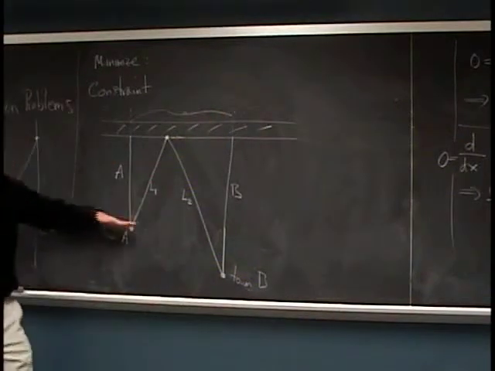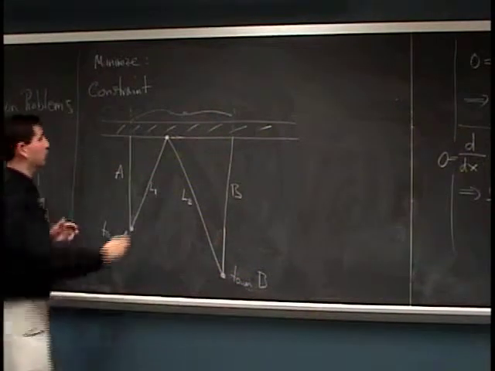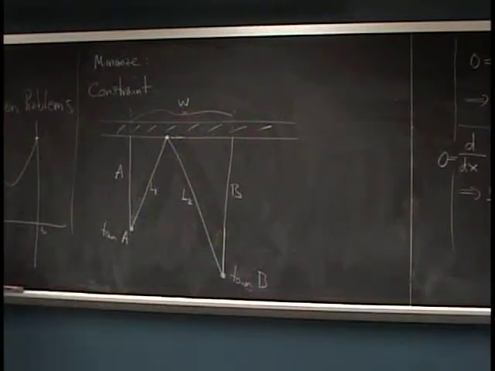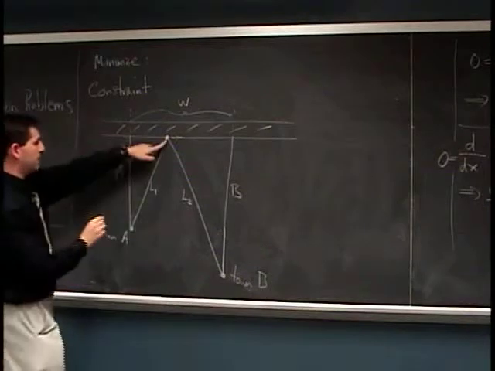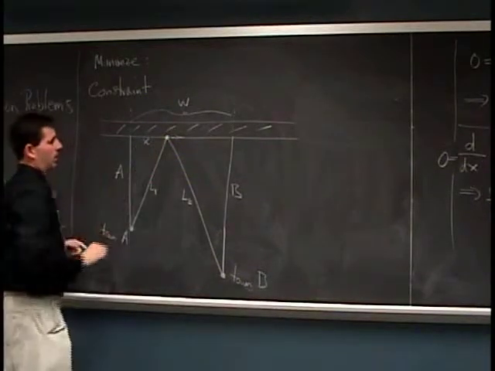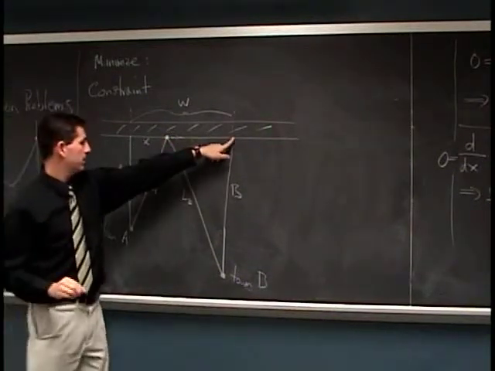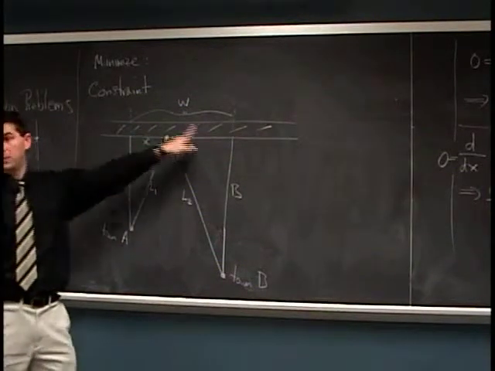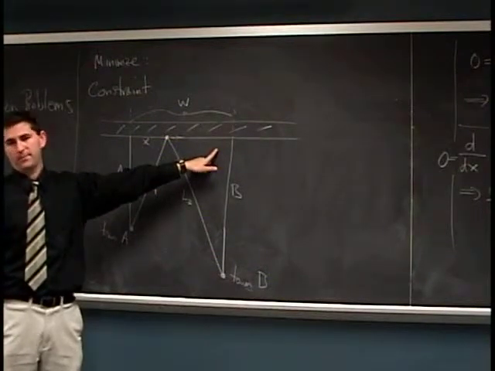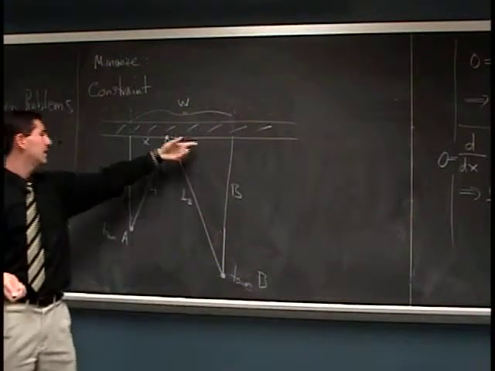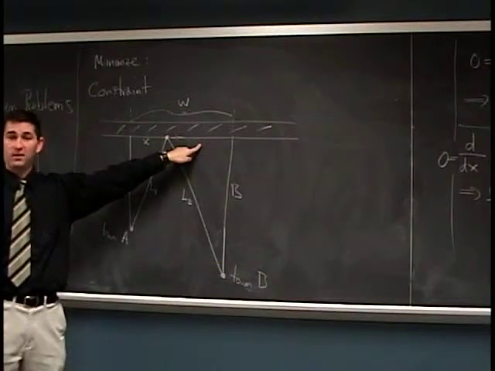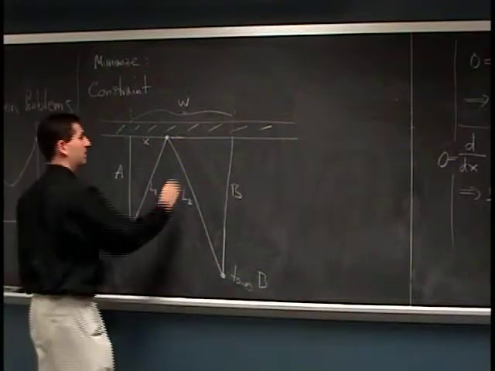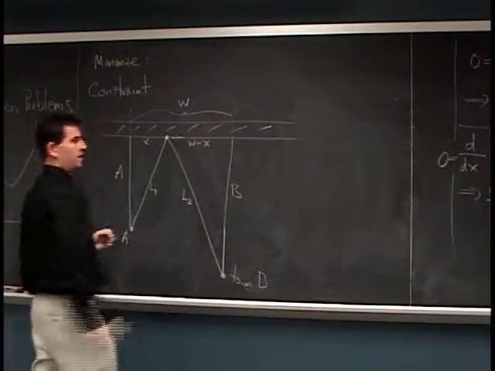The distance horizontally we'll call W. And the distance from A to the power plant, x. If that's x, then this other distance should be W minus x. No need to waste variables.